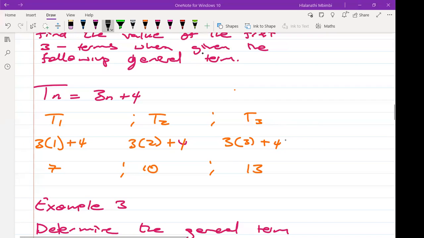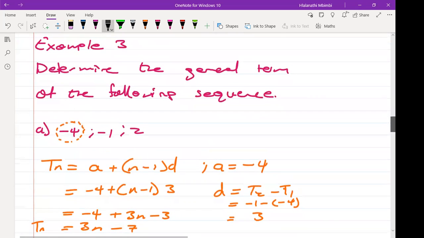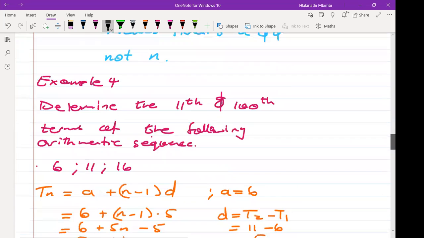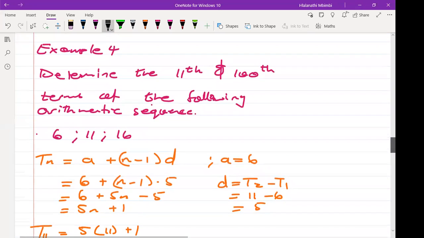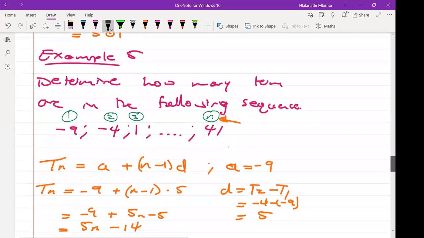Okay, so you will see, guys, I didn't do that. This one says determine the general term. I'm not doing that either, but I am doing the one that says determine the 11th term, and I'm combining it with how many terms are in the sequence.